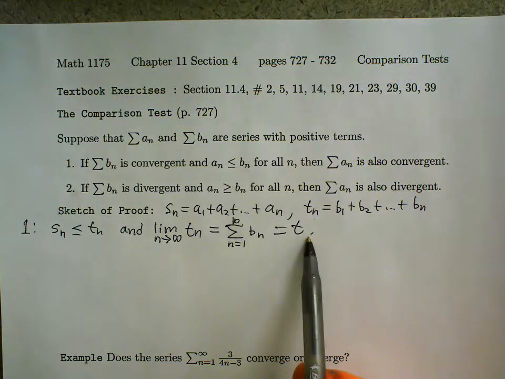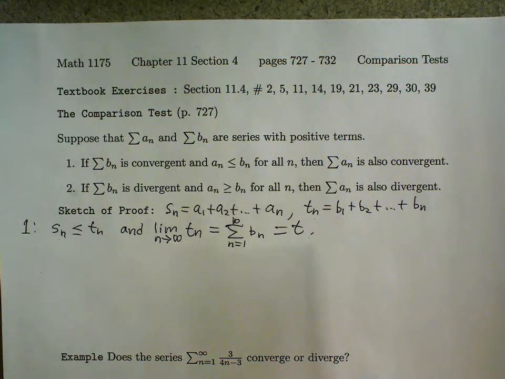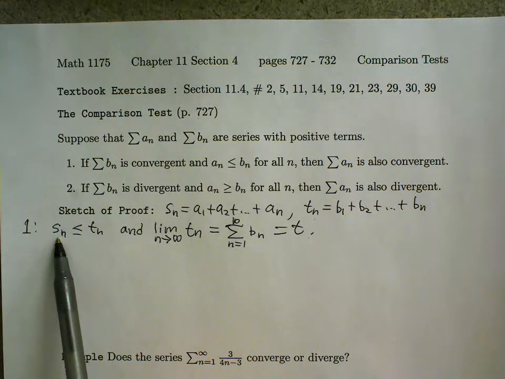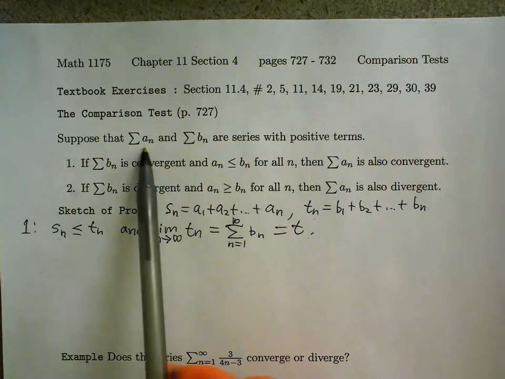Okay, so what does this mean? This means that the sequence S sub n is an increasing sequence that is bounded above. We know that S sub n is increasing because all of the terms from the a sub n series are positive.